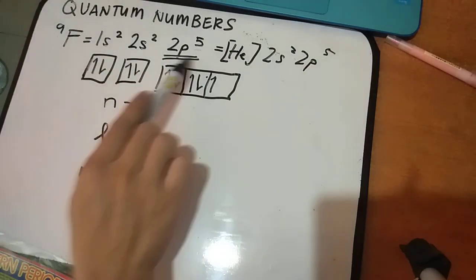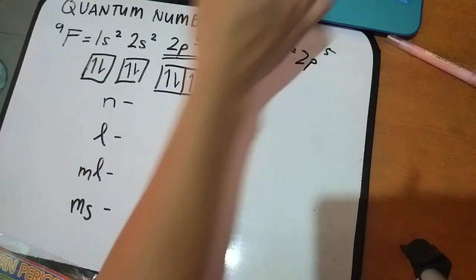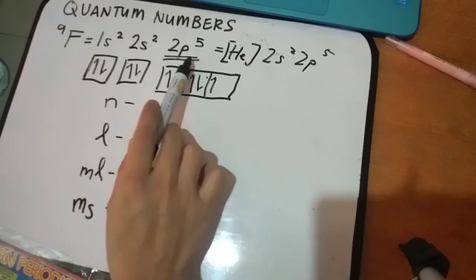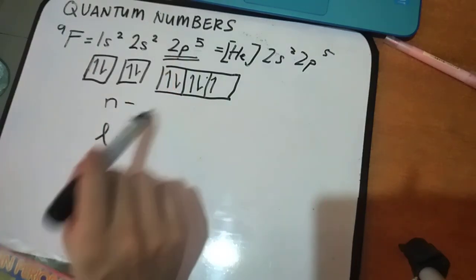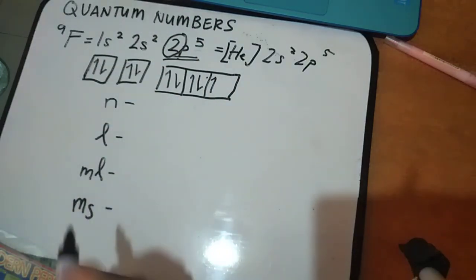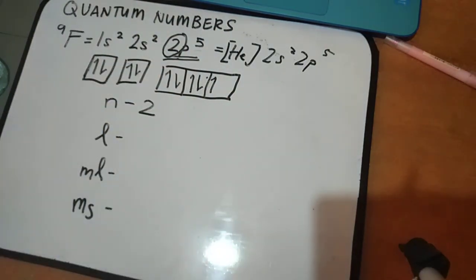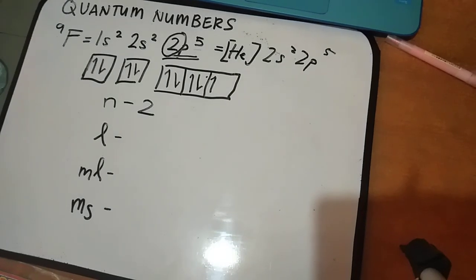So, kung titignan mo yung electron configuration mo, saan tayo nag-end? We end at 2p5. So, ano yung end mo? So, this one. So, 2. Okay? 2 yung end. Yung L.